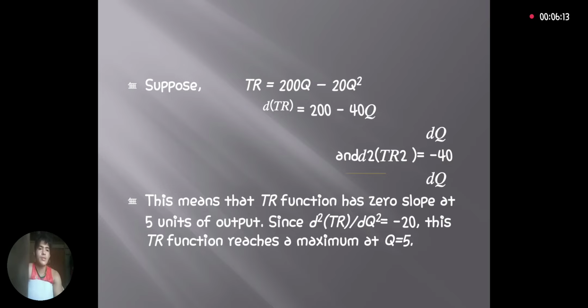The total revenue is equal to 200q minus 20q squared, the derivative of the total revenue is equal to 200 minus 40q, and we set it equal to 0 and solve.